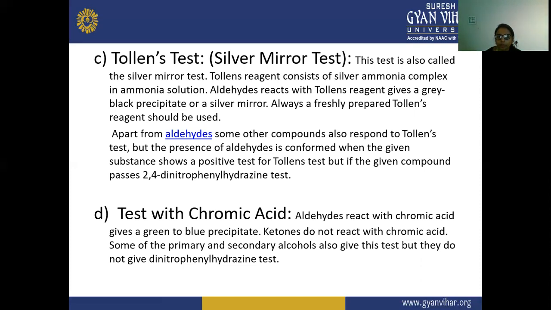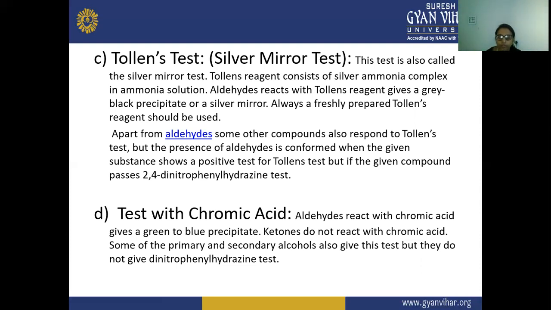Apart from aldehydes, some other compounds also respond to the Tollens test. The aldehyde gives this test, but other compounds containing other functional groups also respond to it.